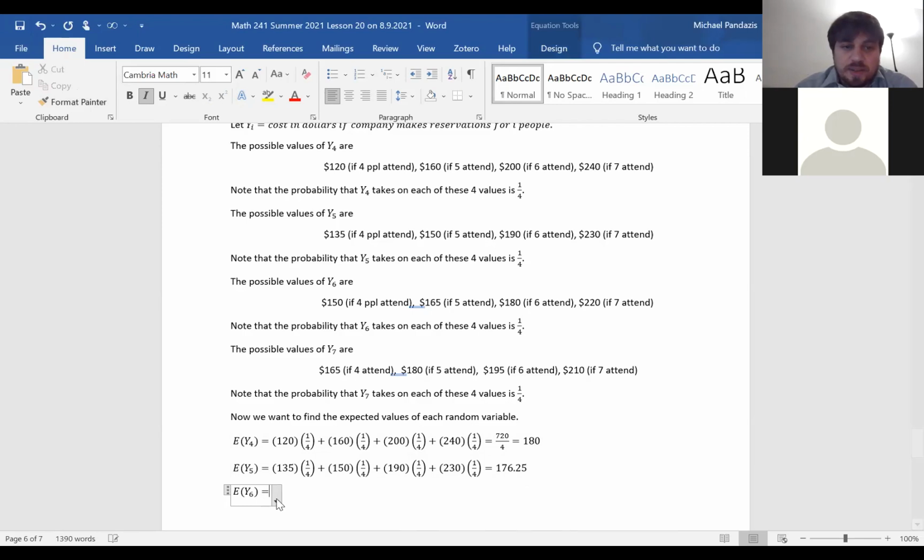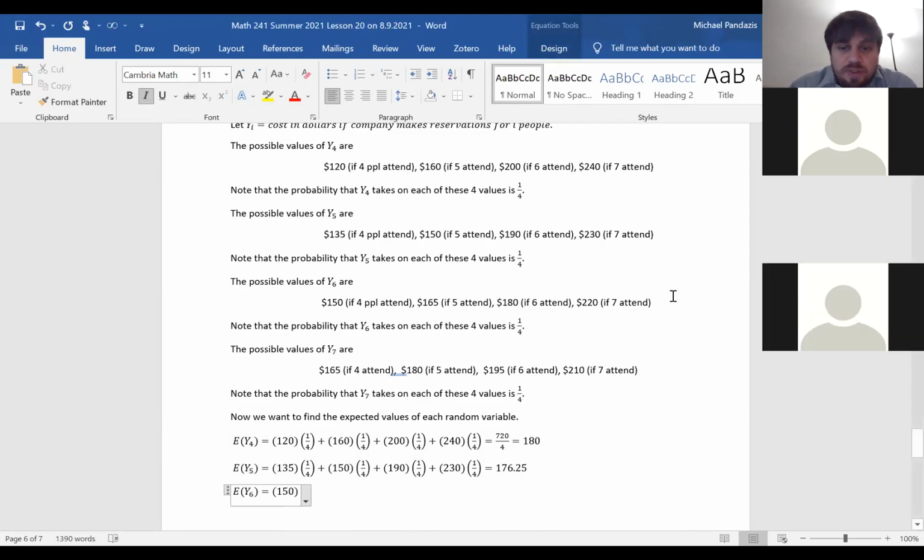Okay, and now E of y sub 6 is equal to, take each possible value of y sub 6, which is now this row. So you have 150 times 1/4 plus 165 times 1/4 plus 180 times 1/4 plus 220 times 1/4.